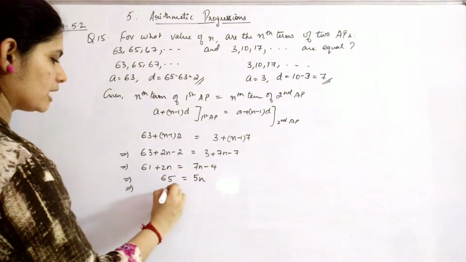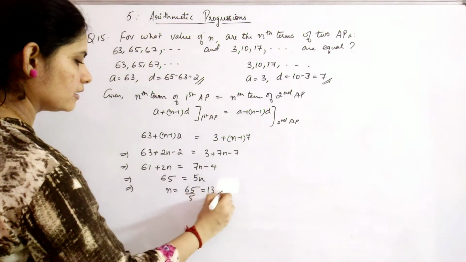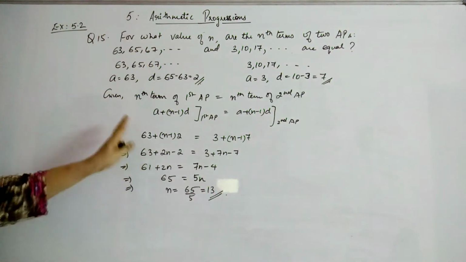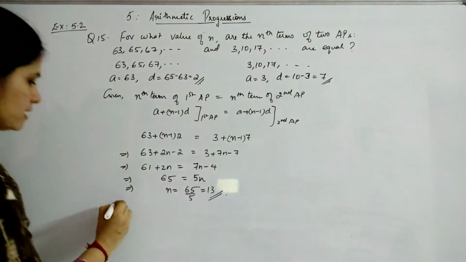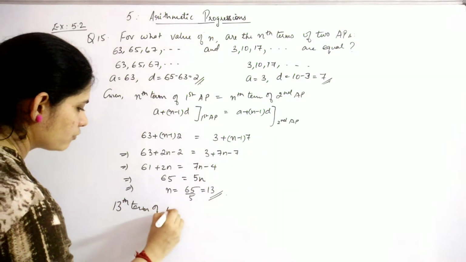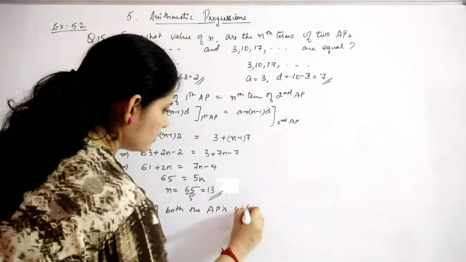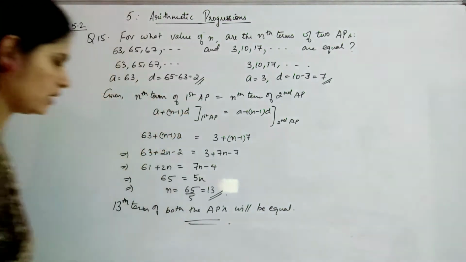So your n value is 65 by 5, which is 13. So the 13th term of both the APs will be equal.